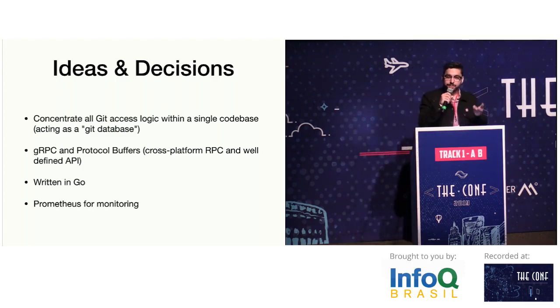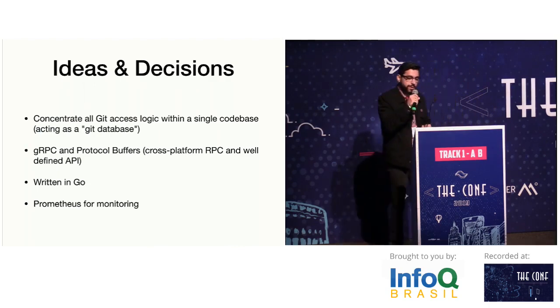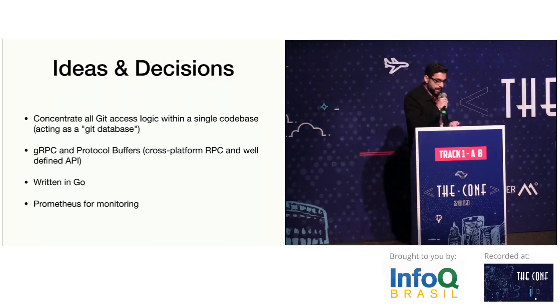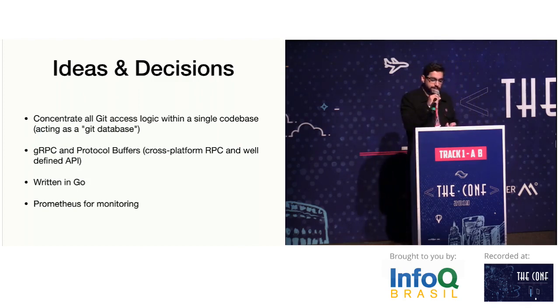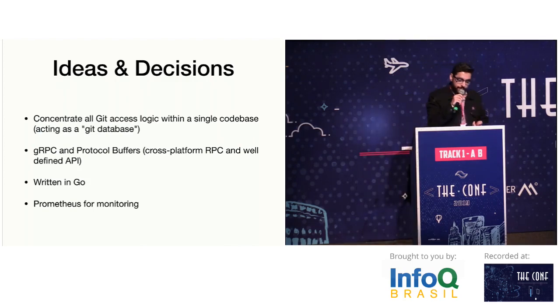It won't break from nothing. It would be written in Go, because we had a nice experience writing Workhorse, which is our reverse proxy. And it was very stable, and that was an interesting idea to run with gRPC as well as Prometheus, that's written in Go. So we would use Prometheus for monitoring.